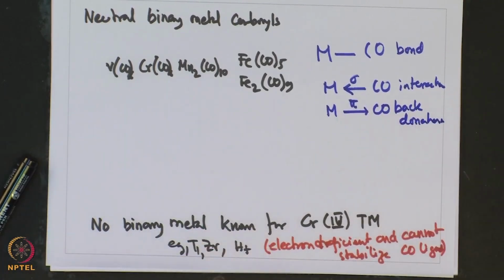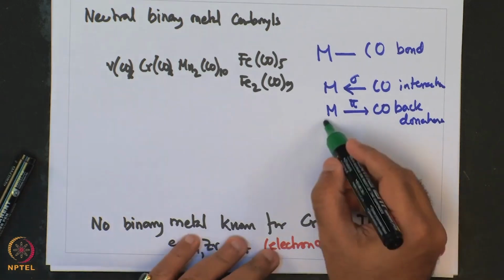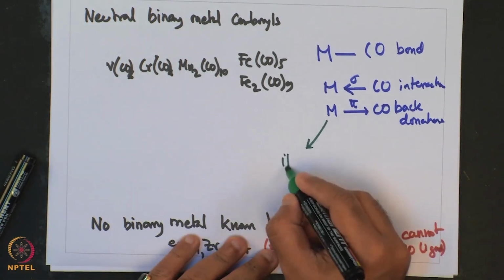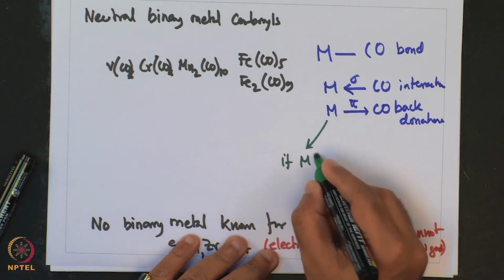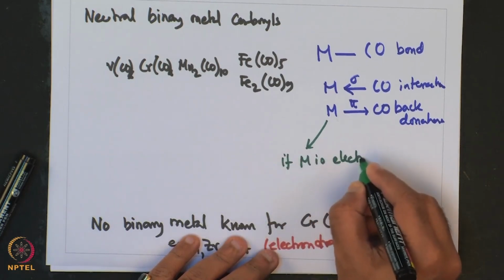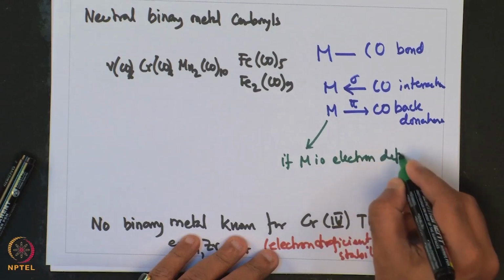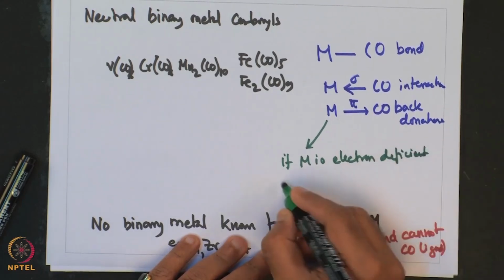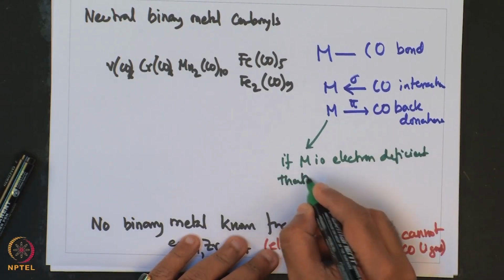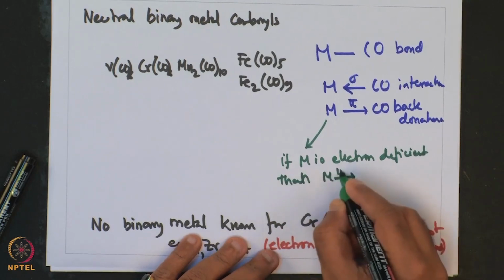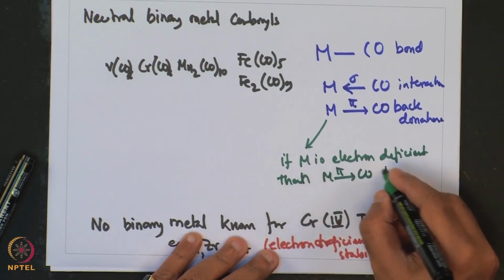Now, for group 4 transition metals, if the metal is electron deficient, then metal to CO pi back donation does not occur.